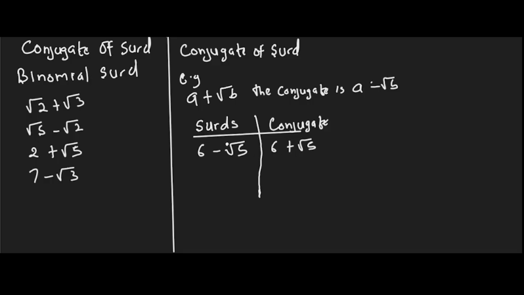All it does is we change the sign here. You will have 3 root 2 plus root 3. The conjugate is going to be 3 root 2 minus root 3. If we have root 2 plus root 3, the conjugate is going to be root 2 minus root 3. That's how to get conjugate of surd. When you have the surd, all you just need to do is change the sign between them. Then we have the conjugate of surd.